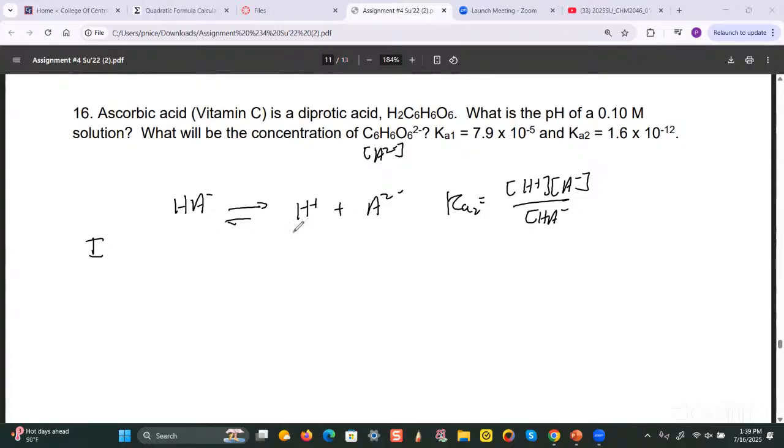X. I'm sorry? 8 times 10 to the minus third. Okay. And what was the concentration of HA minus? At the end, the last line in that ice table. What was in the last line for HA minus?